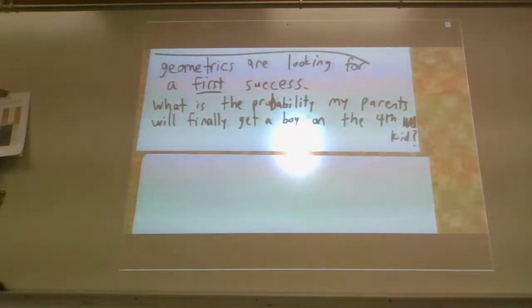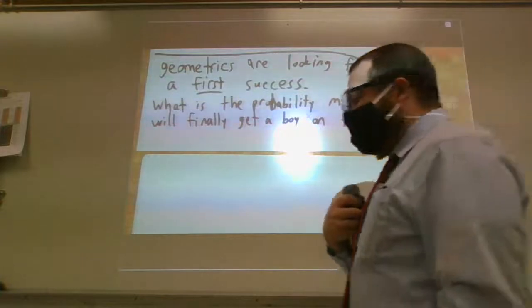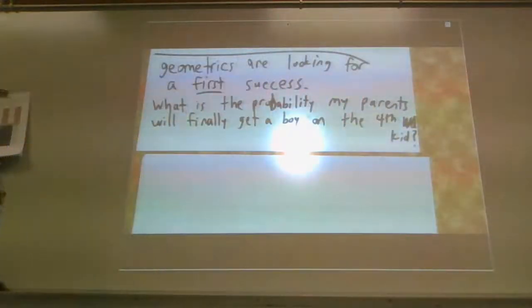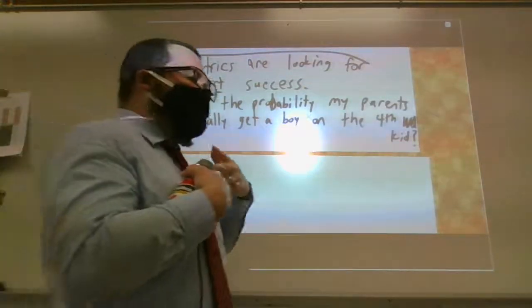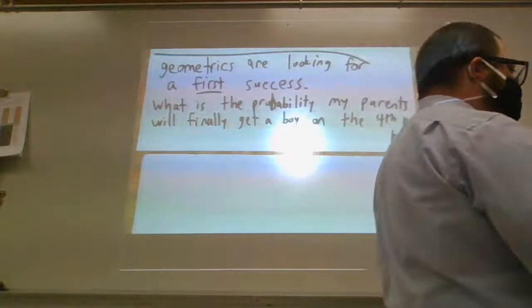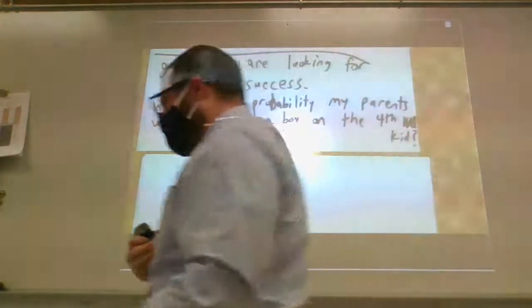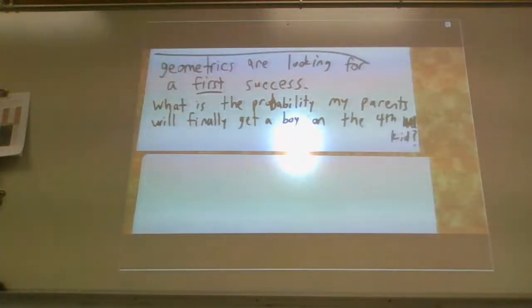Meaning the first three kids, they did not get what they were looking for. And finally, that first success happens on the fourth child. The interpretation is that the question that I just wrote is a geometric problem. It's a geometric problem because you can interpret it as being a first success.